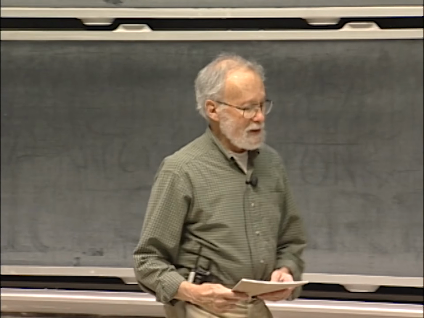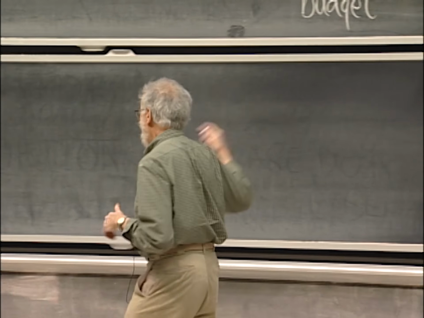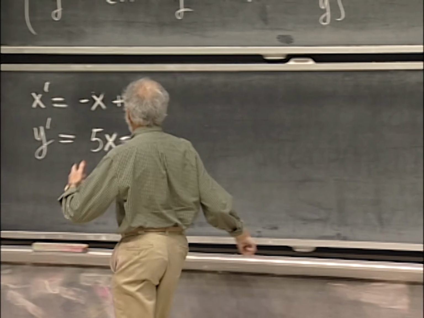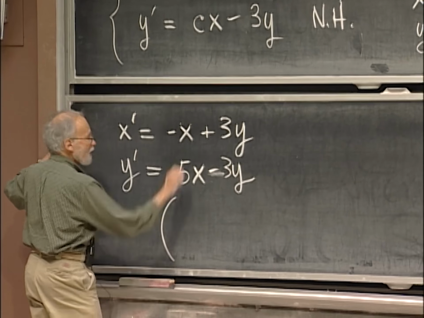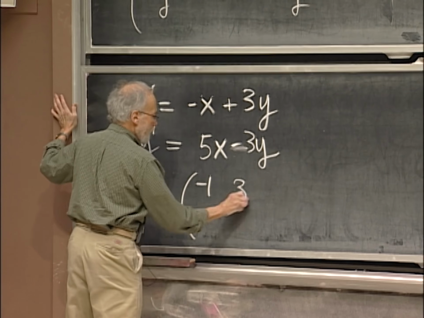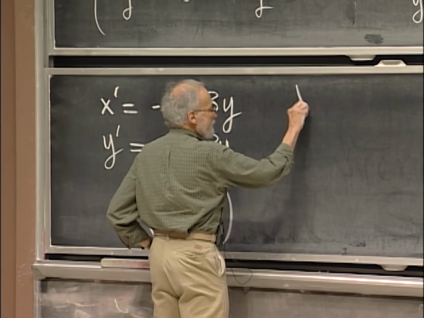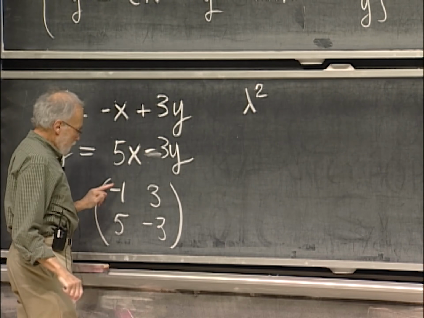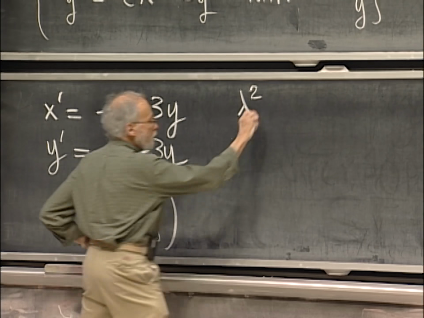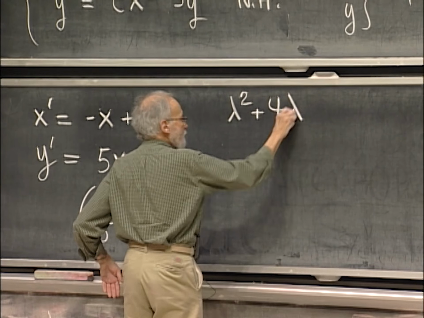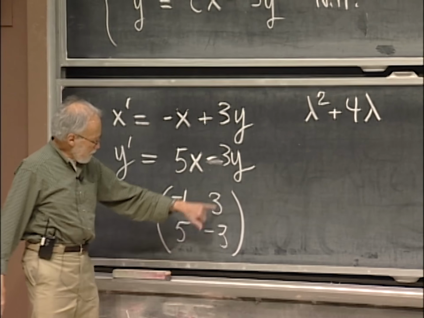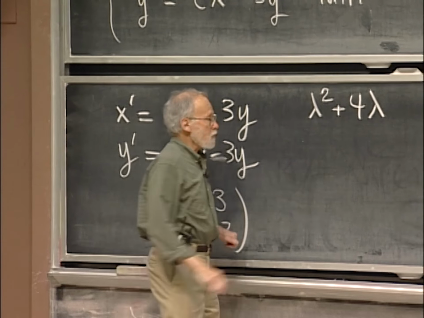Okay, let's again calculate quickly what the characteristic equation is. So our matrix is now -1, 3, 5, and -3. The characteristic equation now is lambda squared, what is that? Again, plus 4 lambda, but now the determinant is 3 minus 15, which is -12.